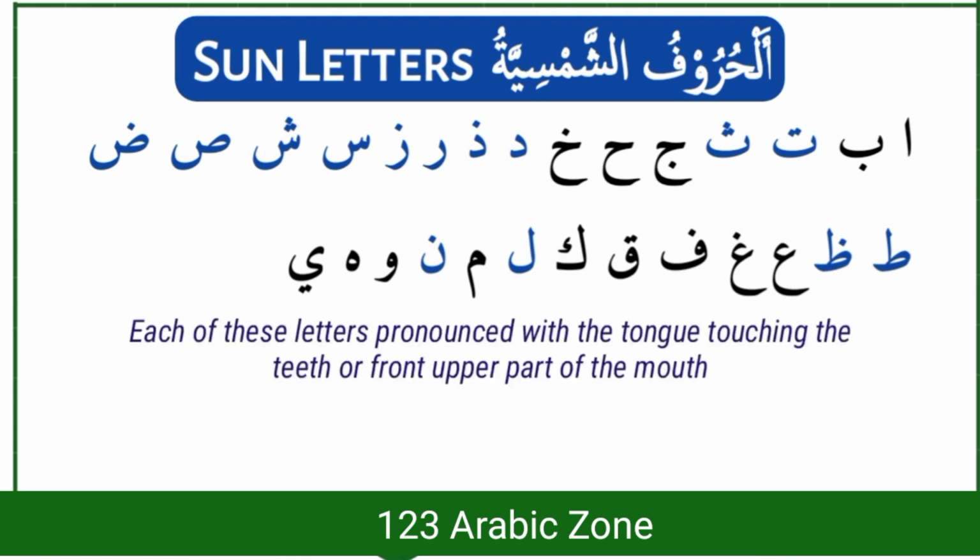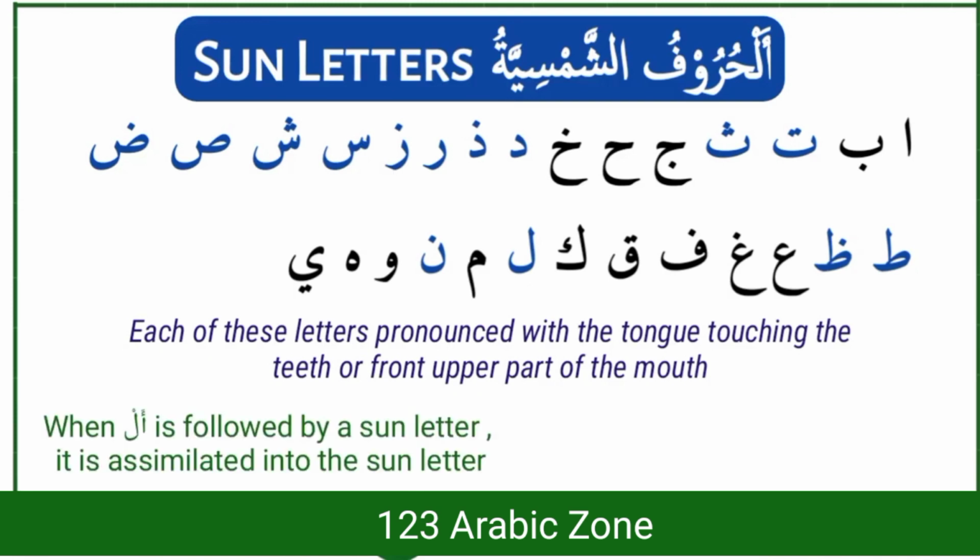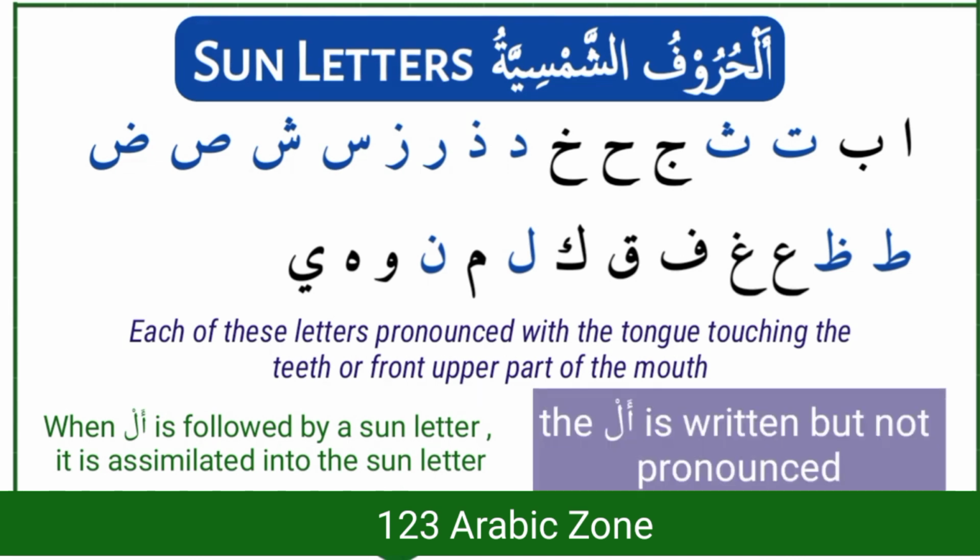These are the sun letters. Each of these letters is pronounced with the tongue touching the teeth or the front upper part of the mouth. When al is followed by a sun letter, it is assimilated into the sun letter. When al is followed by a sun letter, the al is written but not pronounced.